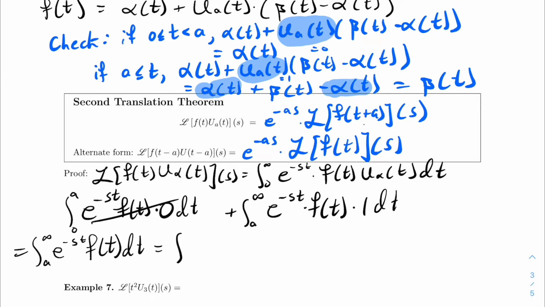And now I'm going to do a translation. So I'm going to replace t with t plus a, sorry, not minus a, plus a. So instead of e to the negative st, I'll have e to the negative s times t plus a, and then f of t plus a.